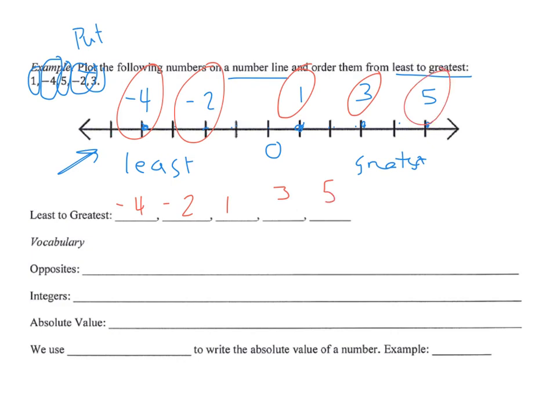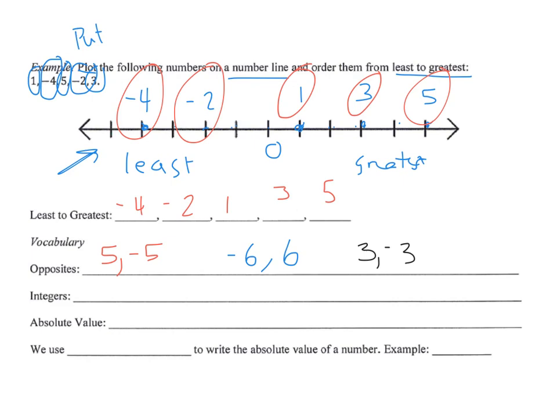Opposite numbers are numbers with opposite signs. So if I have 5, the opposite is -5. If I have -6, the opposite is +6. If I have 3, the opposite is -3. They're just different signs.